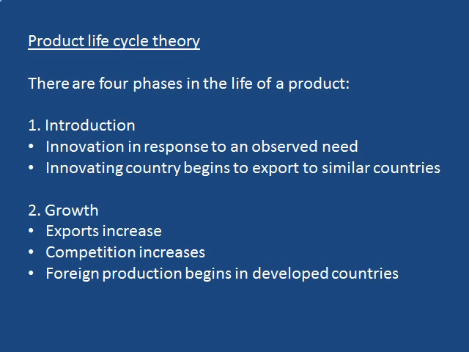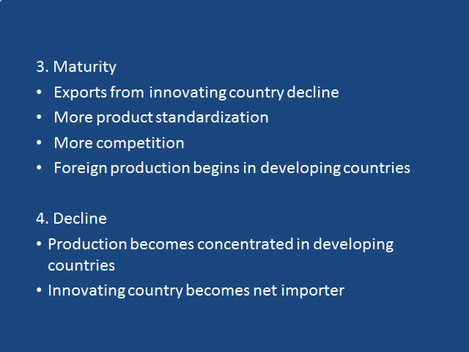In this theory, there are 4 phases in the life of a product. Phase 1, its introduction. There's an innovation in response to an observed need. The innovating country begins to export to similar countries. Phase 2, growth. Exports increase, competition increases, and foreign production begins in developed countries.